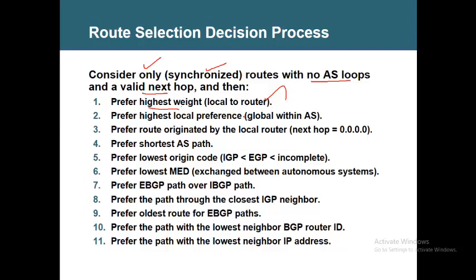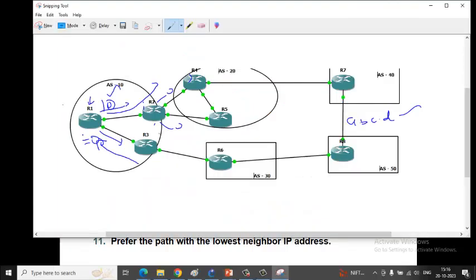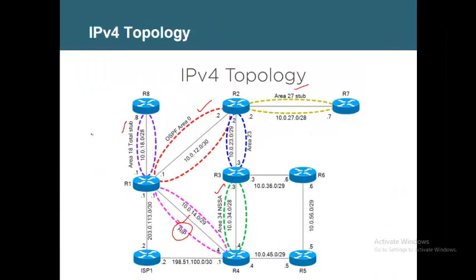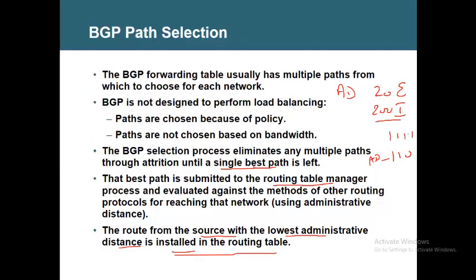Now let's say we did not set weight. For some reason, by default, there should be some path, right? Even when you don't tune any attribute, we just learned that there will definitely be one single path.